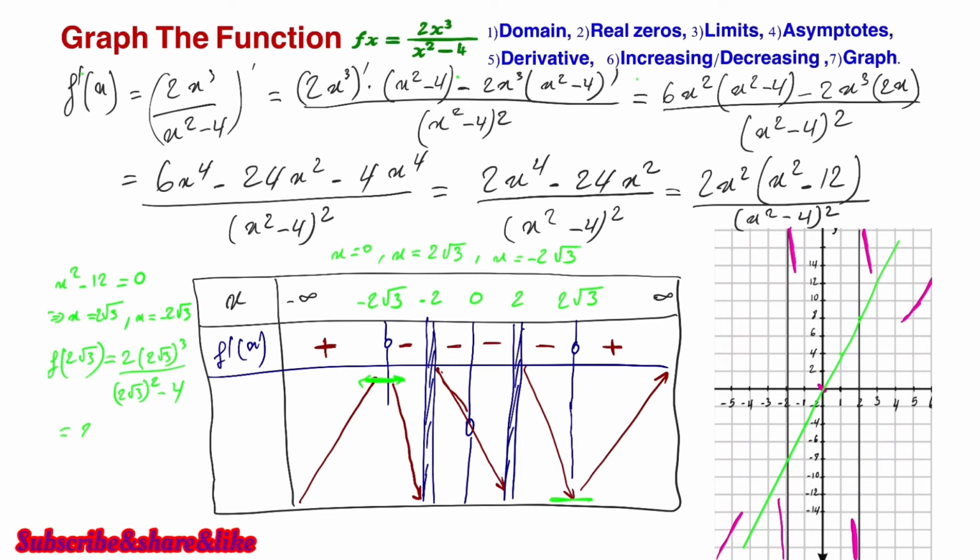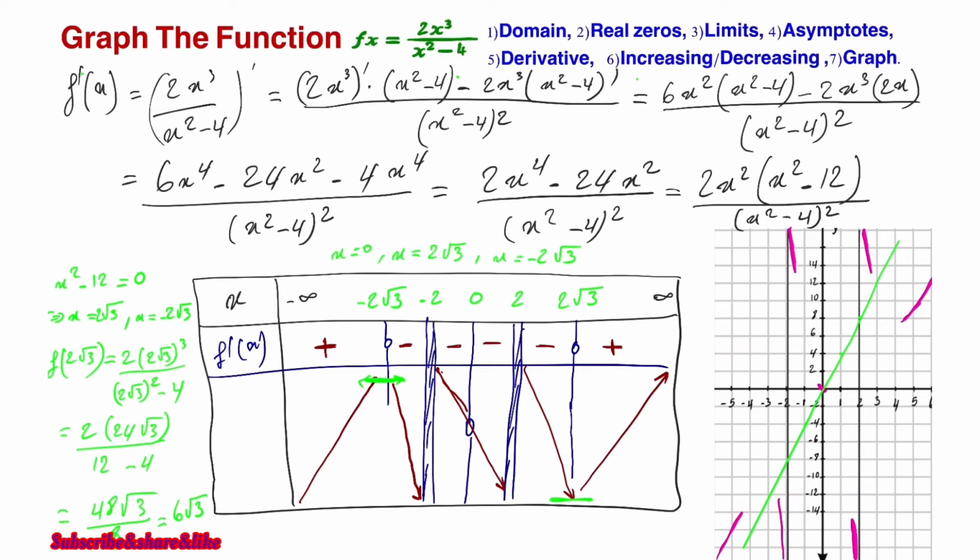The numerator gives us 2 times 8, 8 times 3 is 24 square root of 3. Over here, 4 times 3 is 12, minus 4, and we will get 48 square root of 3 over 8, which is 6 square root of 3.